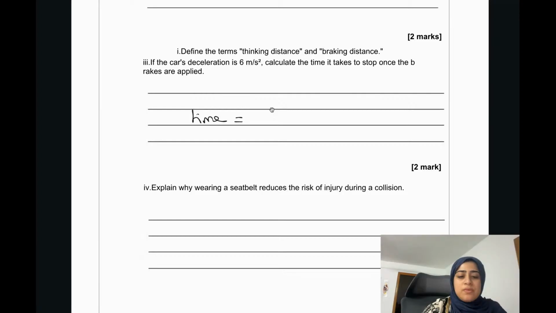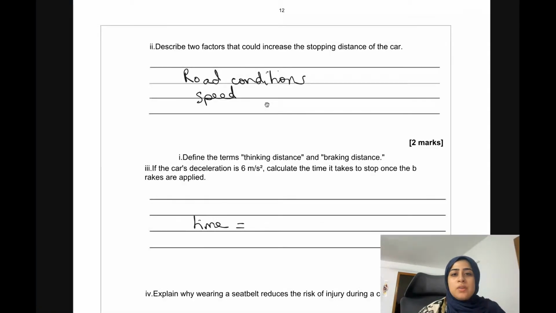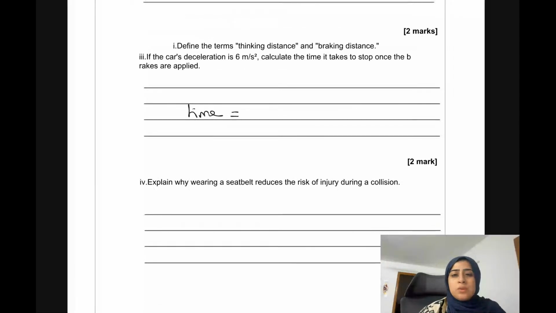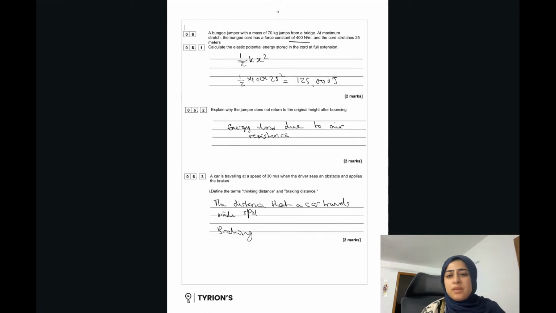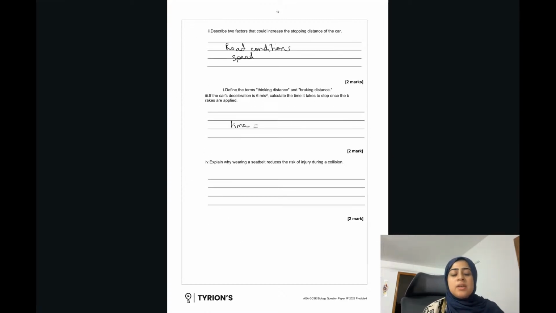So the time is the final velocity take away the initial, and then you divide it by the acceleration. Were we given the velocity? Yeah, 30. So here it would just be 30 over 6. So that would be 5 seconds.